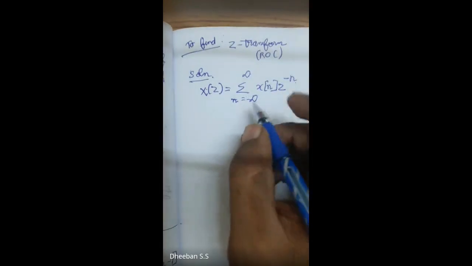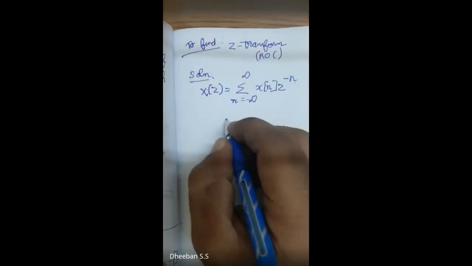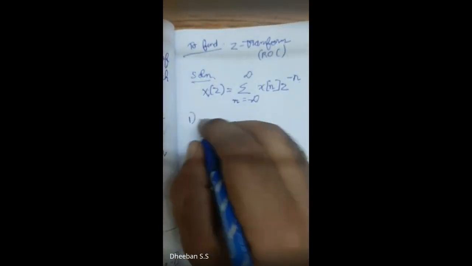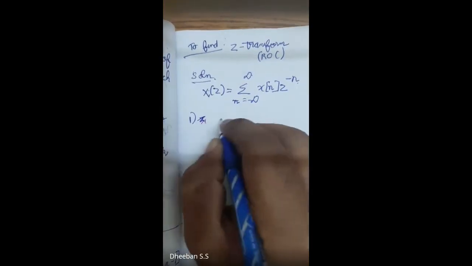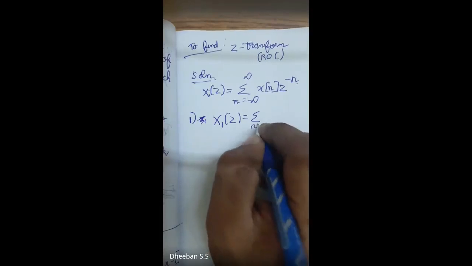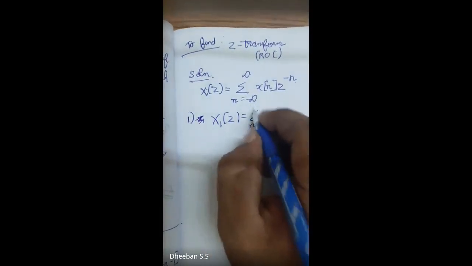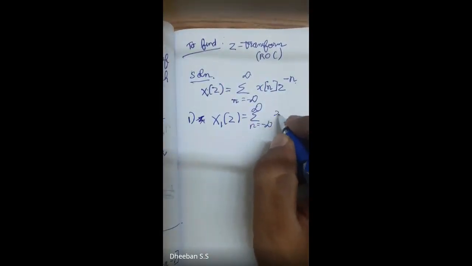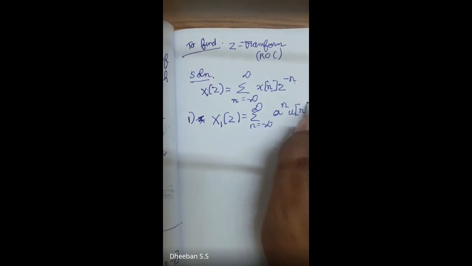Now apply the x of n over here for the first equation, x1 of n. So x1 of z is equal to the summation from n equal to minus infinity to infinity. Apply it: a power n u of n, into z power minus n.